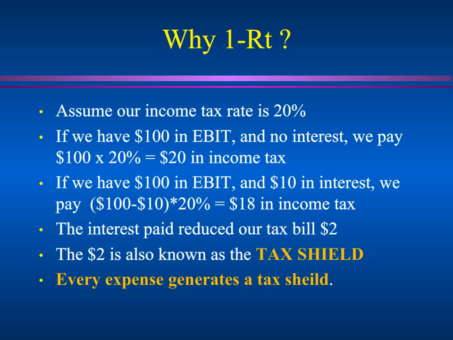It also reduced our profits, don't forget that, by more than that, but it gave us a $2 tax shield in this example. And as I mentioned before, every expense generates a tax shield, but remember, it's only 20%, and we really shouldn't be counting on that as profits or anything like that.